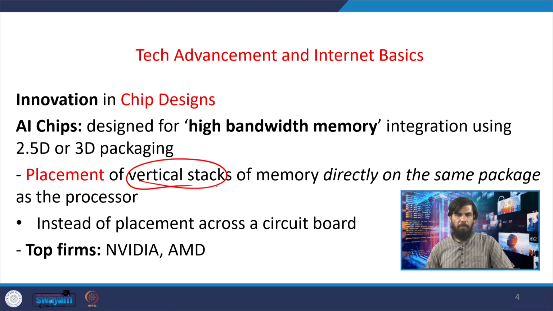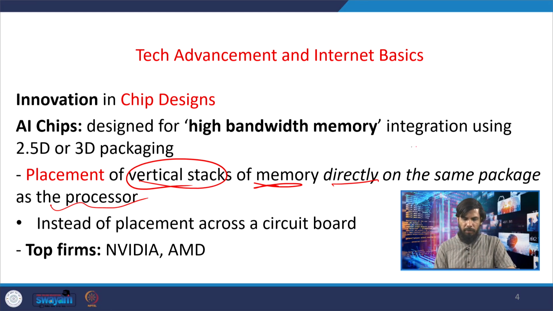That is, placement of vertical stacks of memory directly on the same package as the processor. On top of the processor we are placing the memory, so 2.5D or 3D, a vertical dimension, is being utilized.